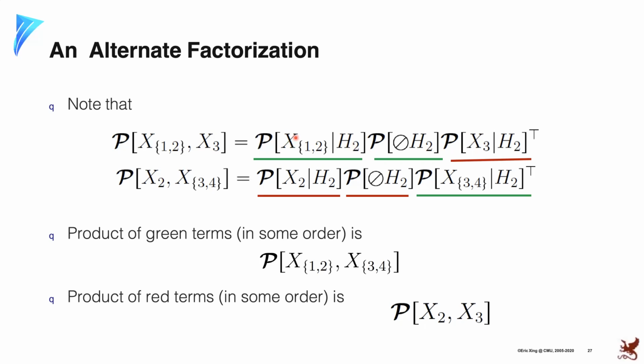Right. If you assume that the cardinality of H2 is m to the 3, then we are essentially making a clique. We are not making any independence assumption at all.